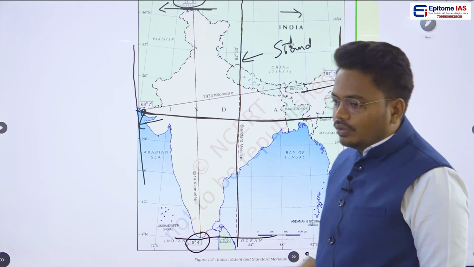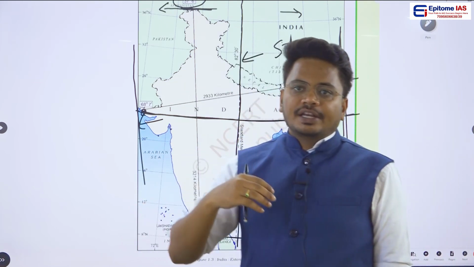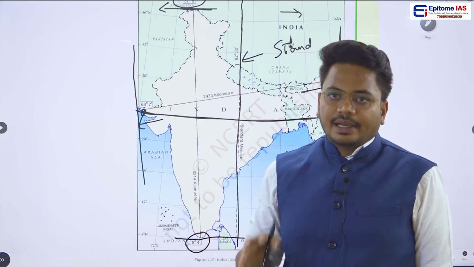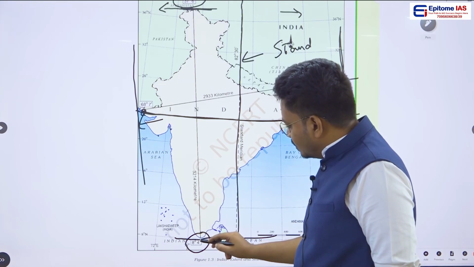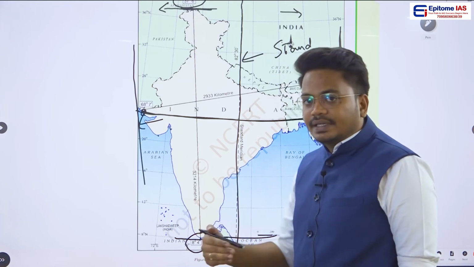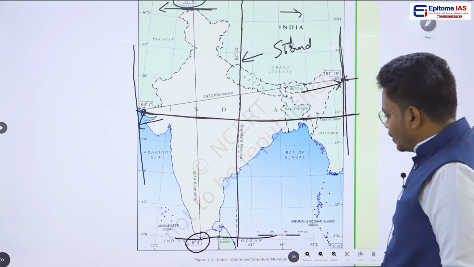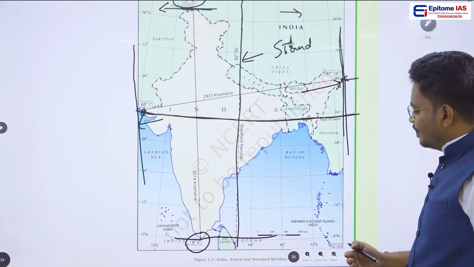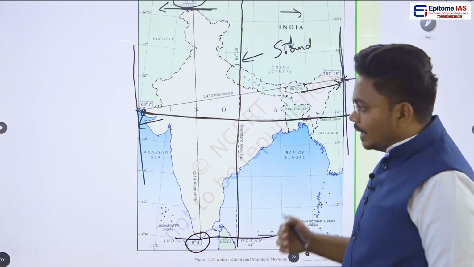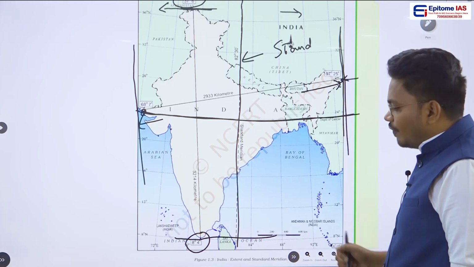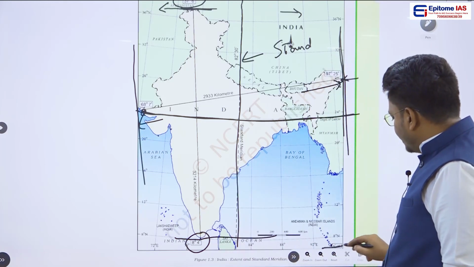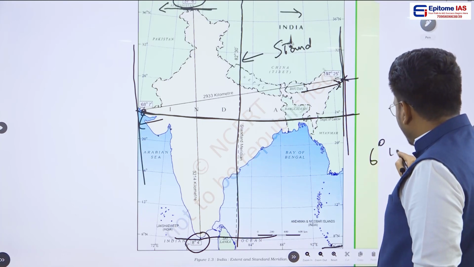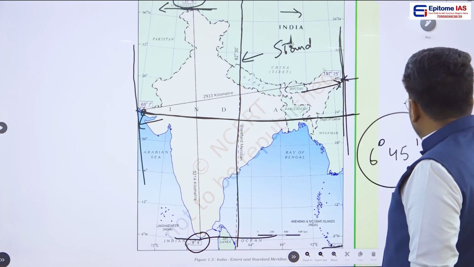If you talk about the Andaman and Nicobar Islands, that is, entire India and not just the mainland: on the mainland, the last latitude is 8 degrees 4 minutes north. But if you go to the last tip of Andaman and Nicobar, that is Indira Point, the latitude is 6 degrees 45 minutes north. This is also an important point. Sometimes the question asks about mainland India, sometimes entire India. If it asks about entire India, we should say the southernmost extension is 6 degrees 45 minutes north latitude.